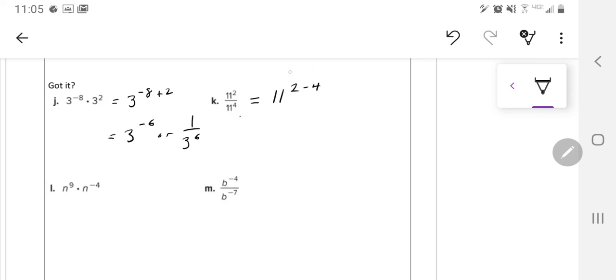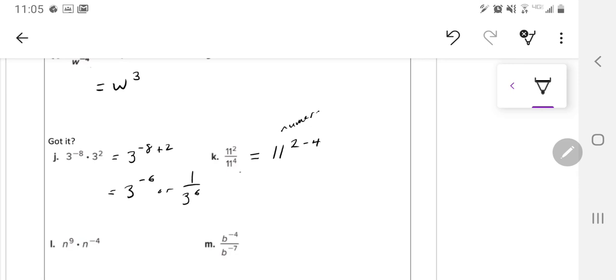It's always the exponent from the numerator. Numerator goes first, and the denominator goes second. All right, so then 11 to the 2 minus 4 is going to be negative 2, or we can write it as 1 over 11 to the second.